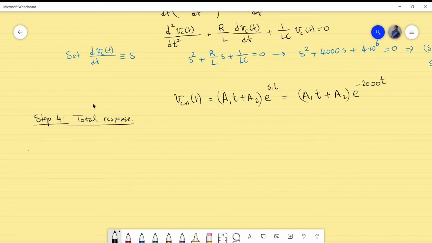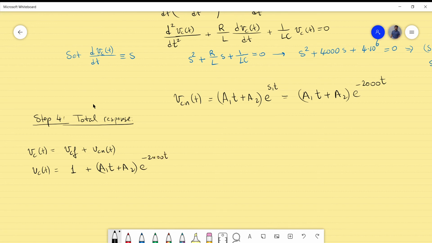As we said, the VC total is the forced response, let me write it down again, plus the natural response. And we already know what the forced response is. That's 1. And what is the natural response? We already have the expression for this, and we will use the initial values to determine the A1 and the A2.